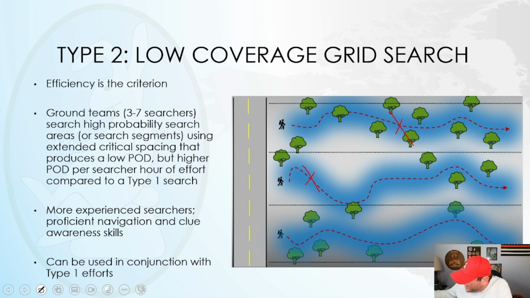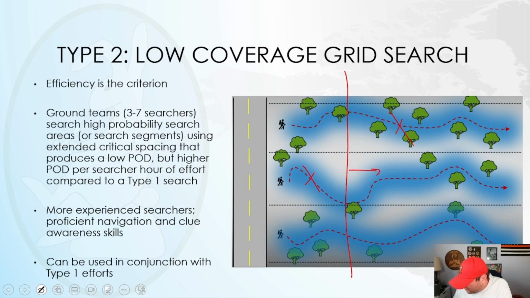We want to maintain a nice orderly line as best we can as we move through the grid together, so we can keep an eye on each other and make sure we're accountable for the person next to us.